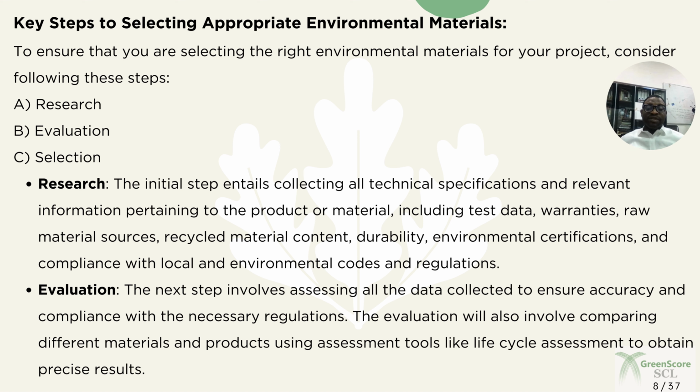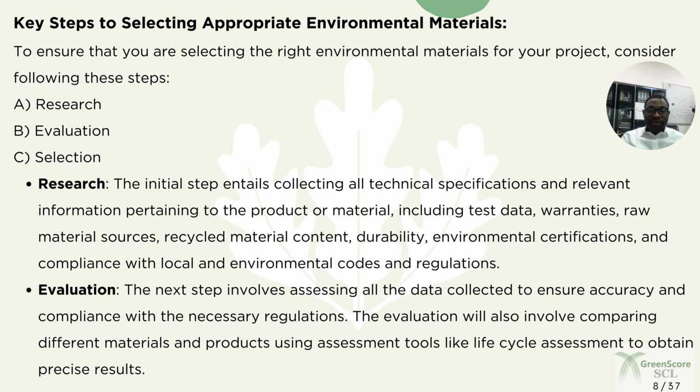There is documentation that speaks to the sources of those raw materials. There is recycled material content information, issues of durability, the environmental certifications that they have or they don't have, and also compliance with local environmental codes and regulations. Now, these are the steps that are contained under research.